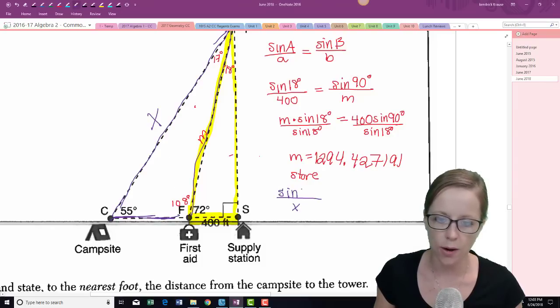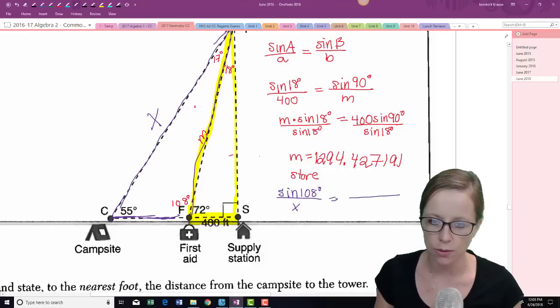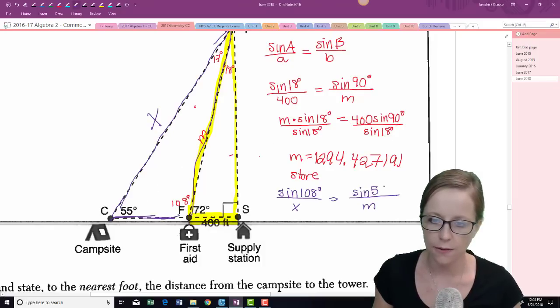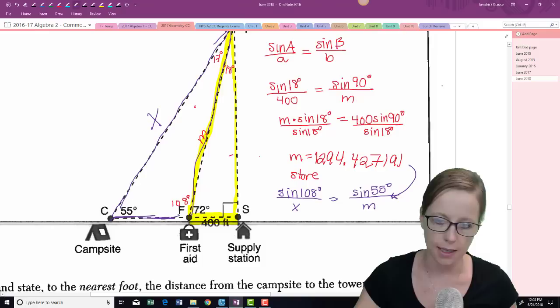So sine of 108 degrees over X is equal to sine of what angle is across from M? Across from M is 55 degrees. Sine of 55 degrees. Now I've stored M, and it's right there, so I could even put an arrow there saying, hey, I did this.